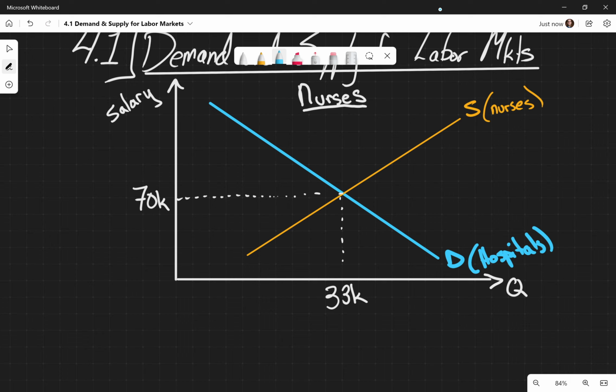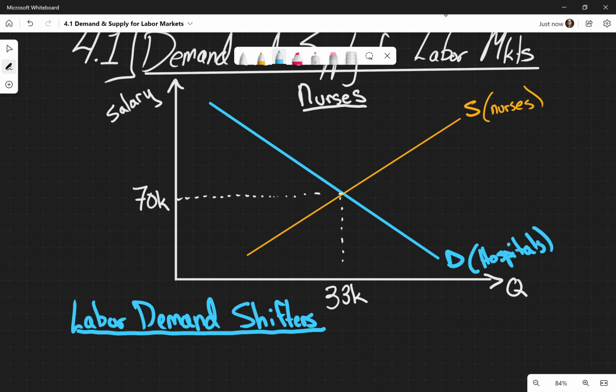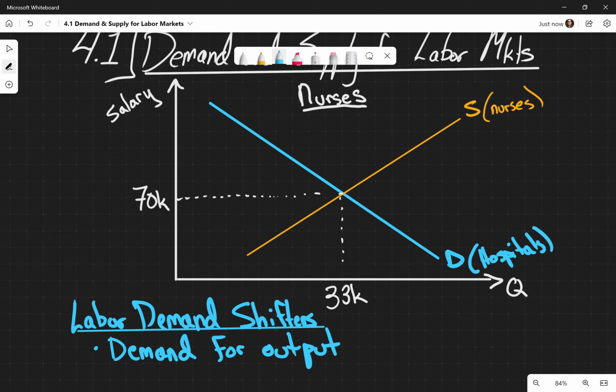We're going to call these labor demand shifters. The first is a pretty straightforward one, but it's also one that we forget about because it's so obvious. It's the demand for whatever output the business is trying to sell. So in our nurse example, it would be the demand for healthcare.